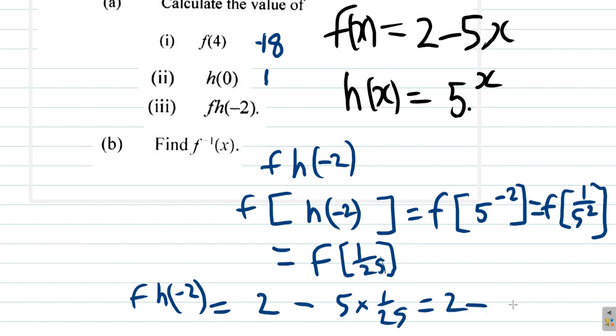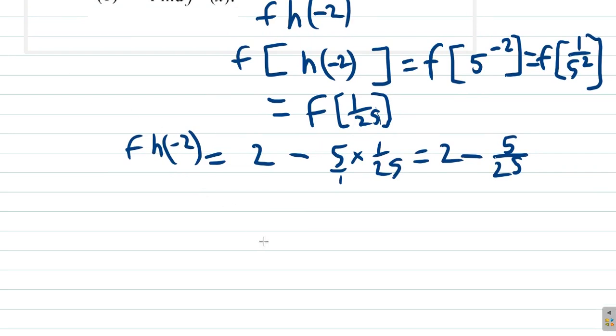So it's 2 minus what? It's going to be 5 over 25. Remember, when you multiply a fraction, it's going to be 5 over 1 times 1 over 25, and you multiply numerator by numerator, which is top by top, 5 by 1, 5 over, bottom by bottom, which is denominator by denominator, 1 by 25 is just 25. So, this amounts to 2 minus 1/5.